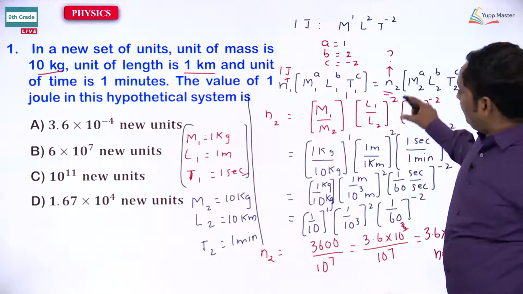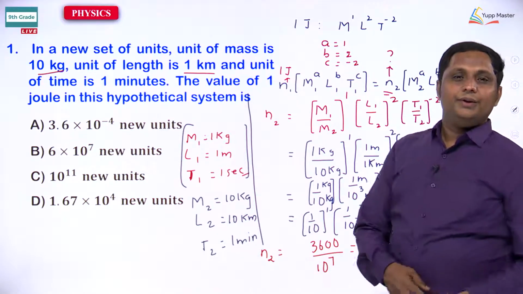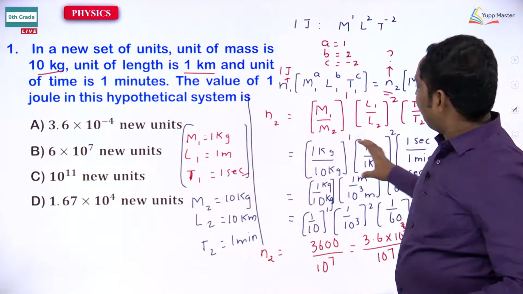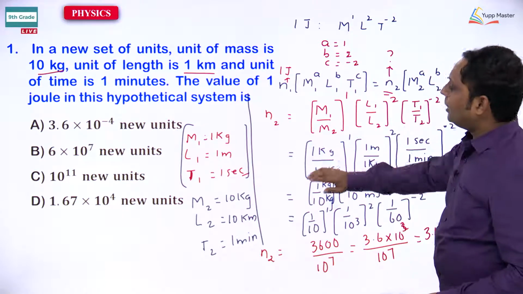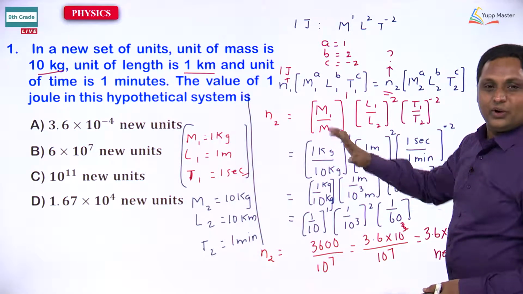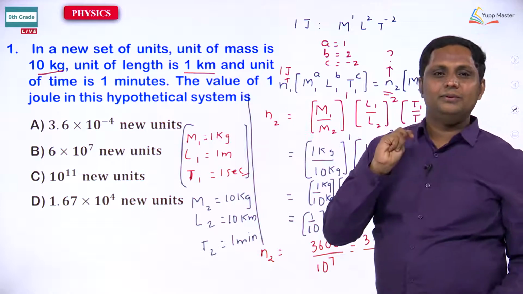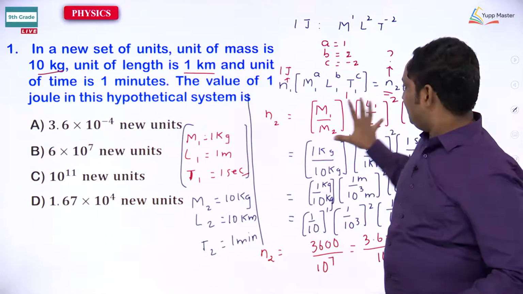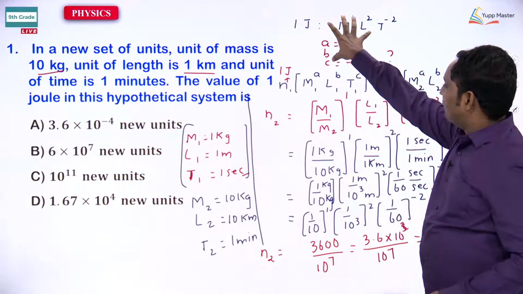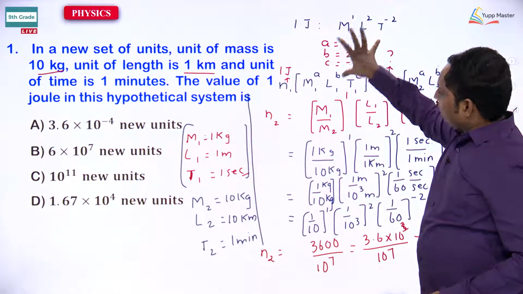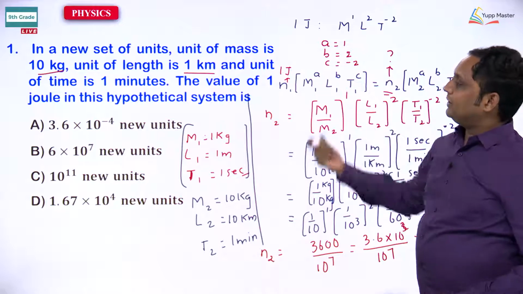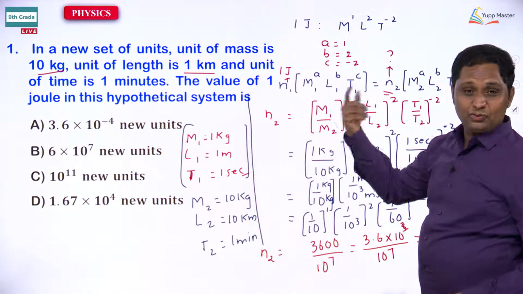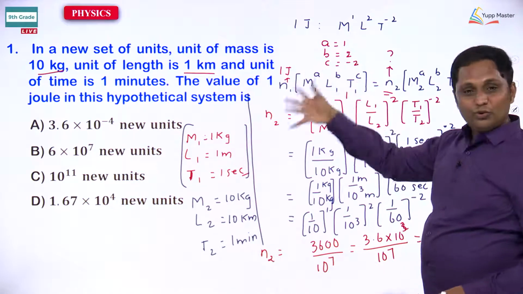This is the way we are going to convert. In this way you can approach converting any derived quantity value from one system to another system. Here they have taken 1 joule, and mass is going to be 10 kg, length is going to be 1 kilometer and time is going to be 1 minute.